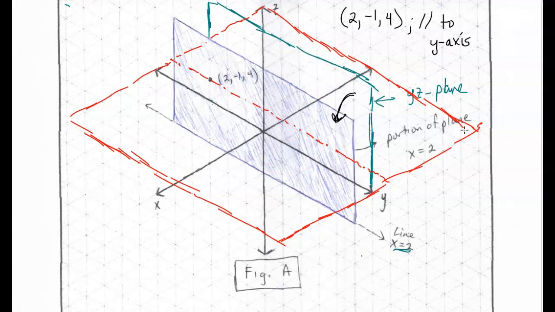Okay, if I ask this question, or if I say, hey, identify the plane that has these properties, I actually have 2 that could satisfy that. And I don't know which specific one that I'm talking about. However, if I talk about it the way that I originally did, as give me the plane that has this point (2, -1, 4), and it is perpendicular to the x-axis, then there's only one choice. Okay, and hopefully that's clear.